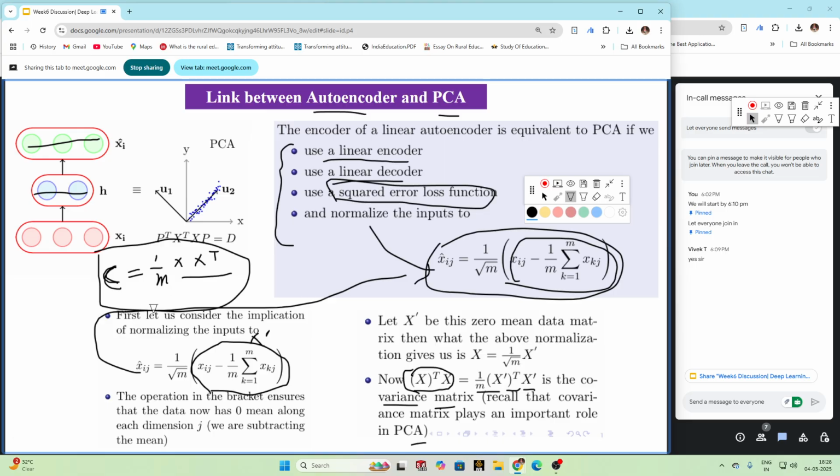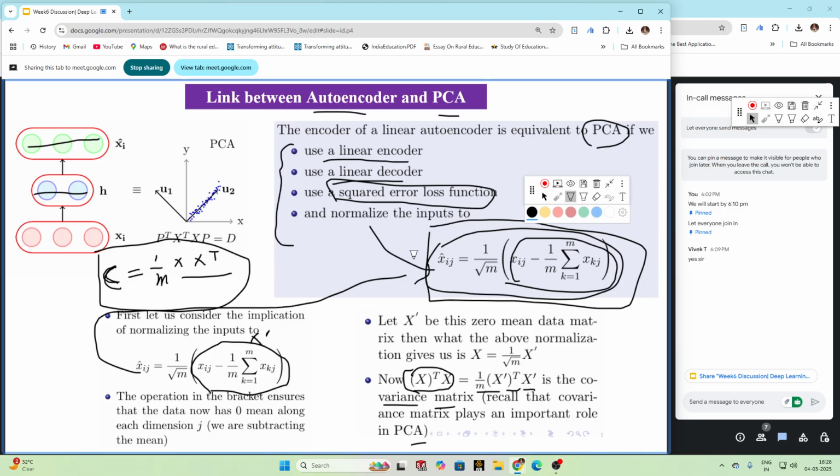That is nothing but this covariance matrix. That is why we have to convert all our input into this form. Then this autoencoder can act exactly like our PCA. So this is the link between autoencoder and PCA.